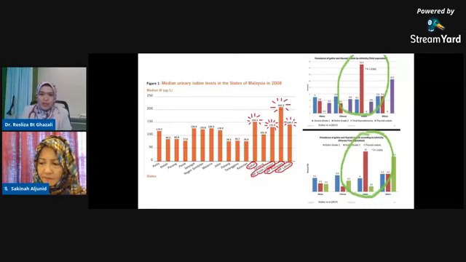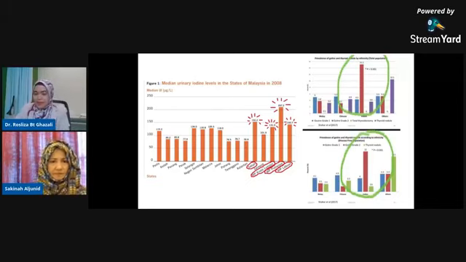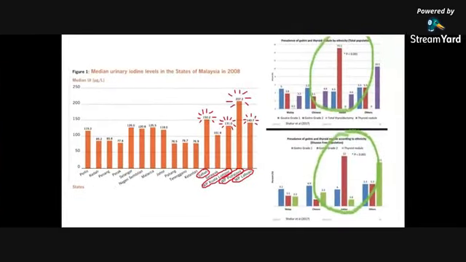As you can see on the slide next to it, it's too small. When we talk about the prevalence of the disease, it is comparable worldwide. Goiter is about 9.3% in Malaysia, from one study done by Shahar et al. in 2017.